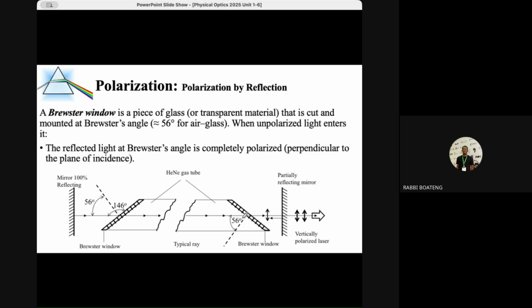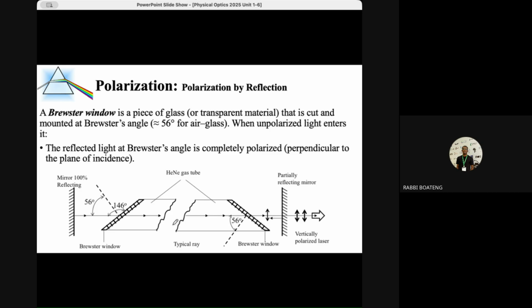Now, in between the two mirrors, we have something called a Brewster window. It's not particularly a lens, but something like a device with a different refractive index inside there. And this is how a laser works.